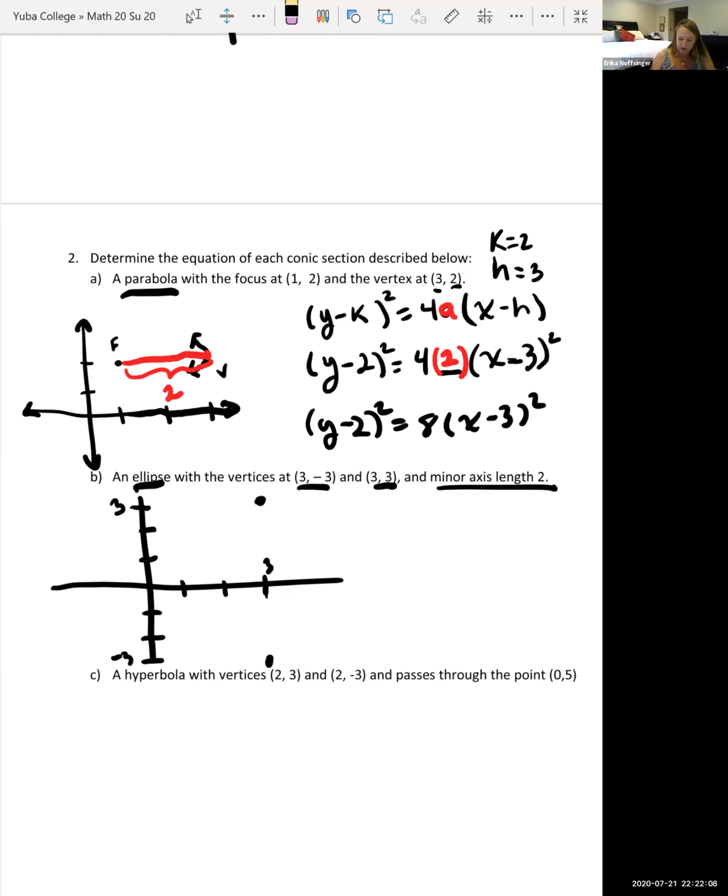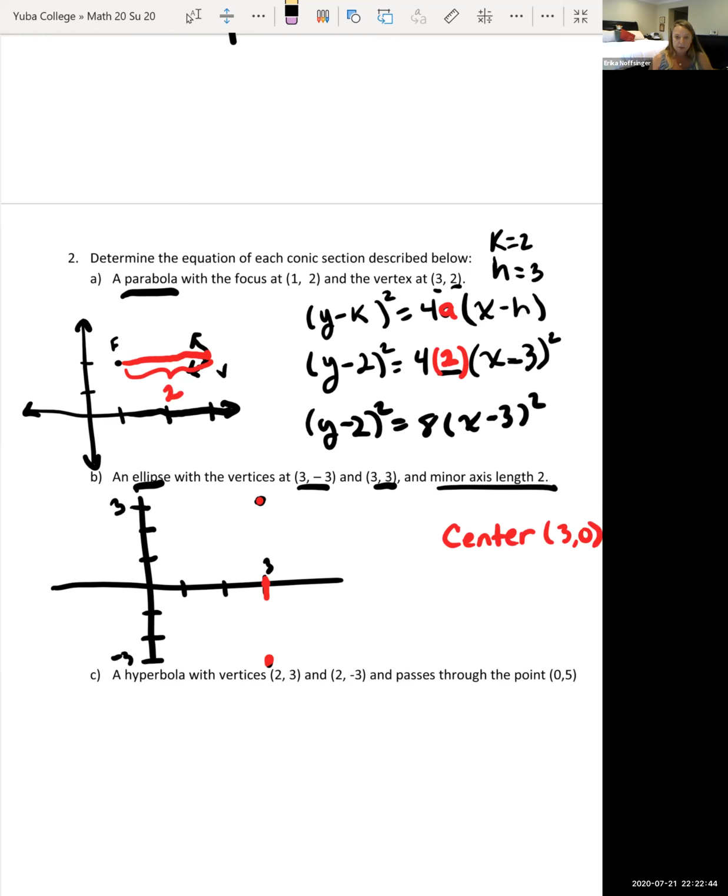I need to figure out what the center is. I need to know, is this elongated with the x-axis or the y-axis? The center is going to be the halfway point between these two vertices. It didn't tell me if those were vertices on the major or minor axis. But I know the center is a halfway point between there. So I can see that my center is going to be at (3, 0).